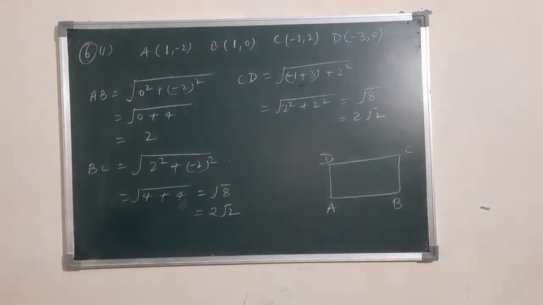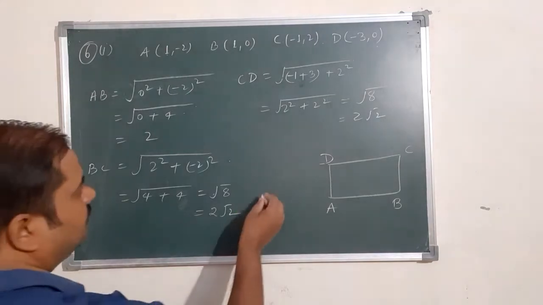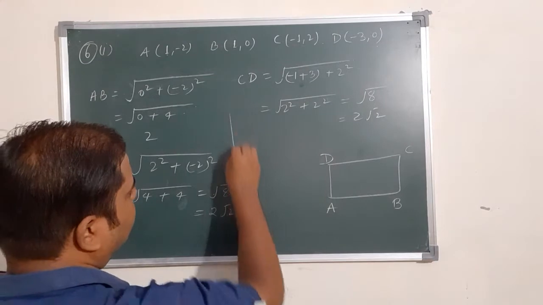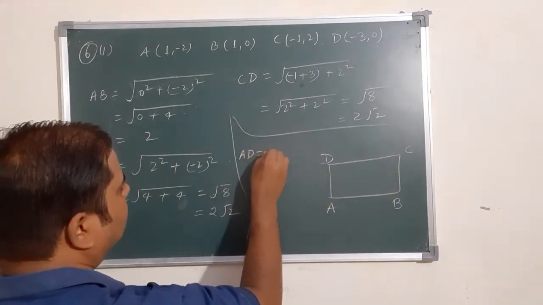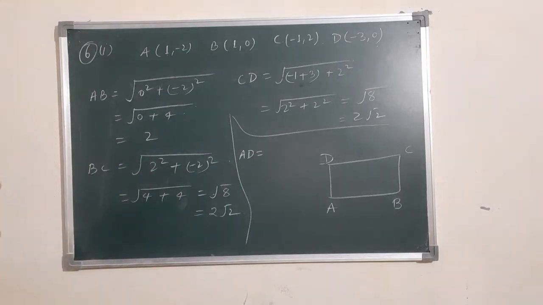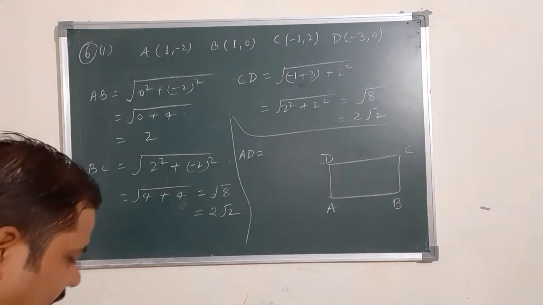Okay. AB, BC, CD, and now DA or AD. If we find AD here, I will check the points again, because there was one mistake.